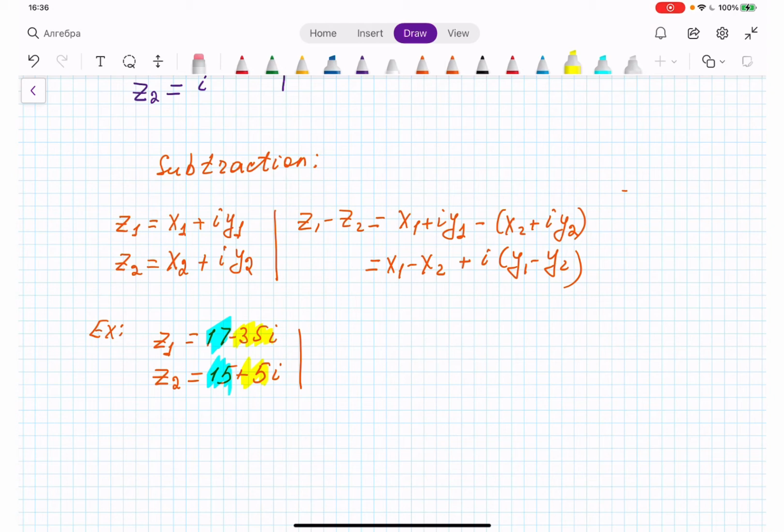So if we subtract, z1 minus z2 is equal to 17 minus 15, right?